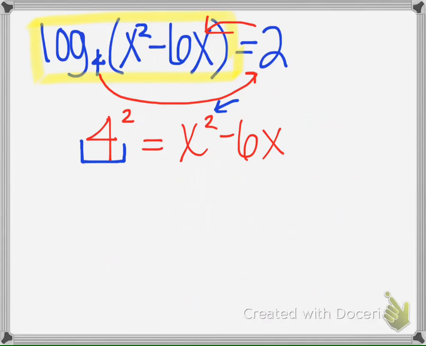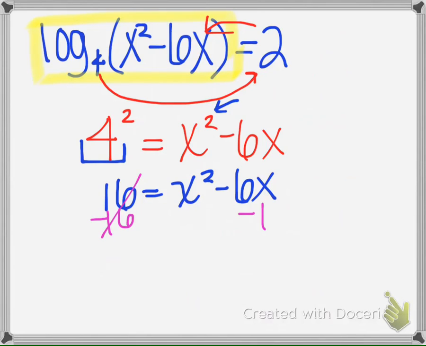First thing, before I even do that, I'm going to simplify. 4 to the second power is 16. My first method is I'm going to try to see if it can be factored. And we know at this point in this class that to factor, it has to equal 0.